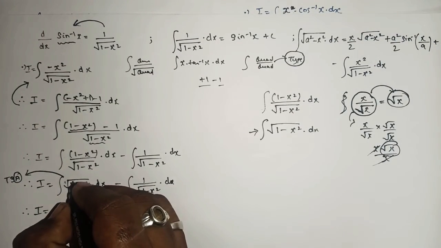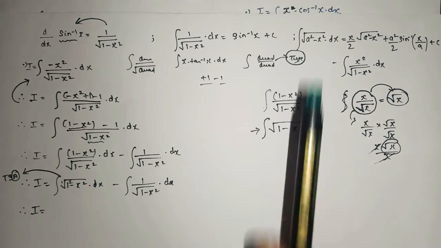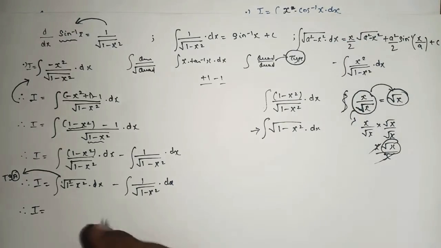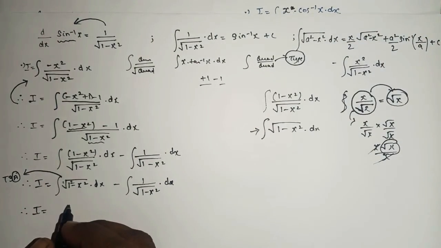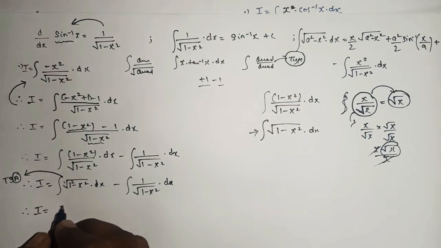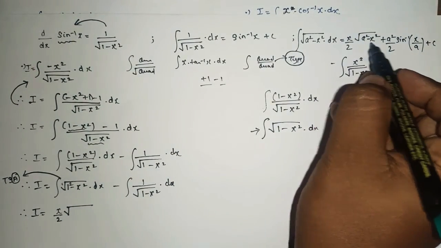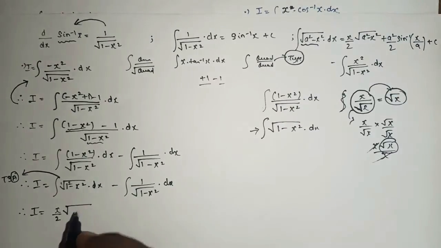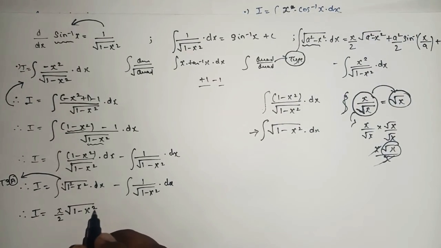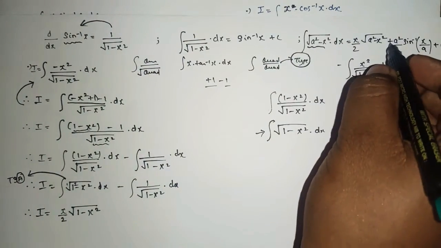So here 1 we can write as 1 square, yes or no? So the integration of root a square minus x square into dx is what? x by 2, yes or no? It is x by 2 root a square minus x square. That means the same question will come, 1 minus x square.